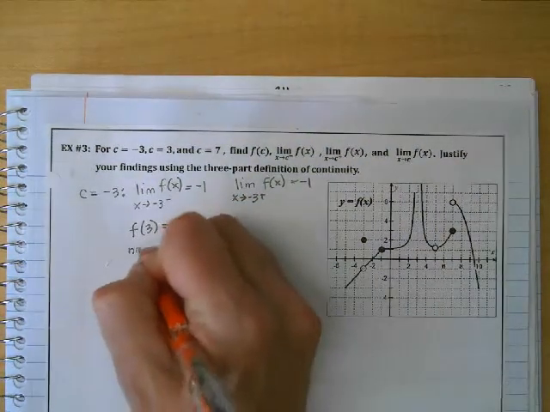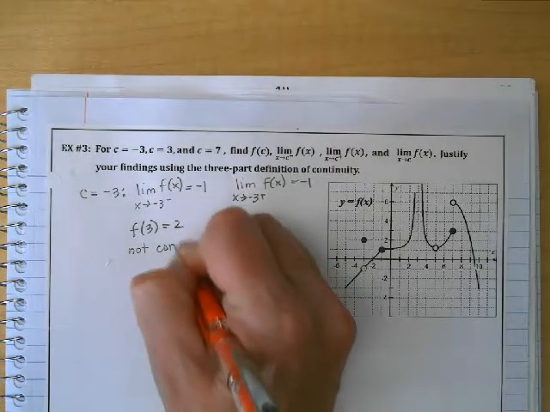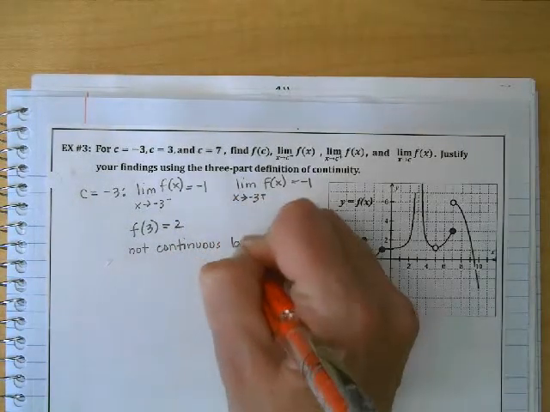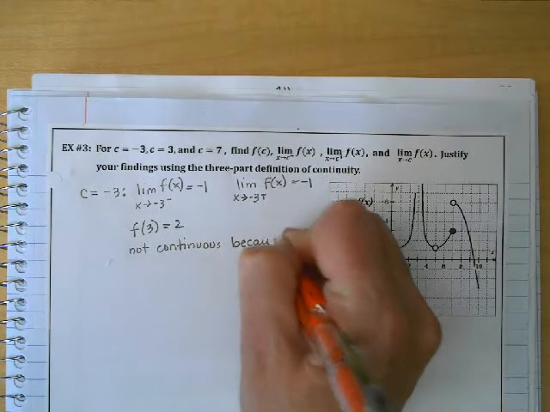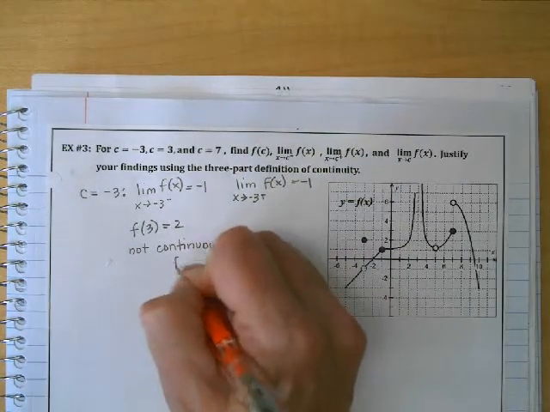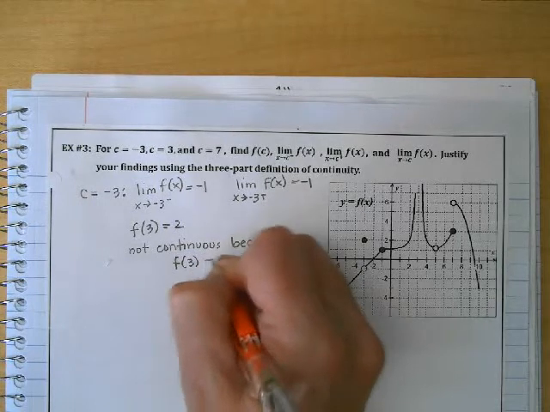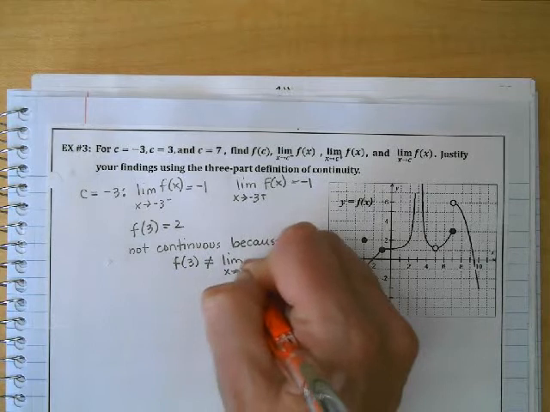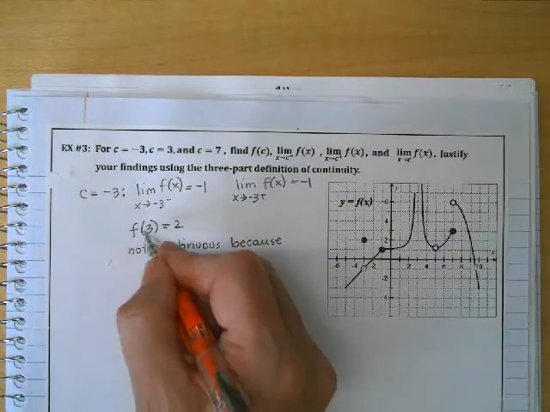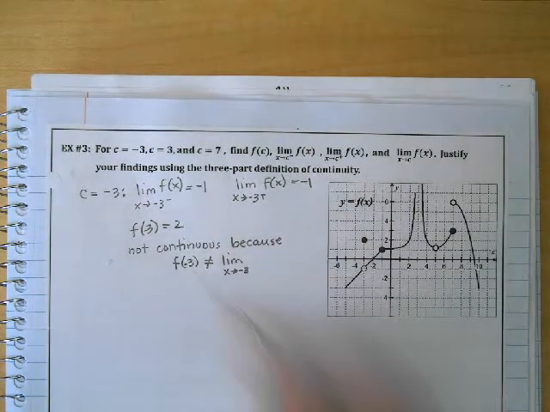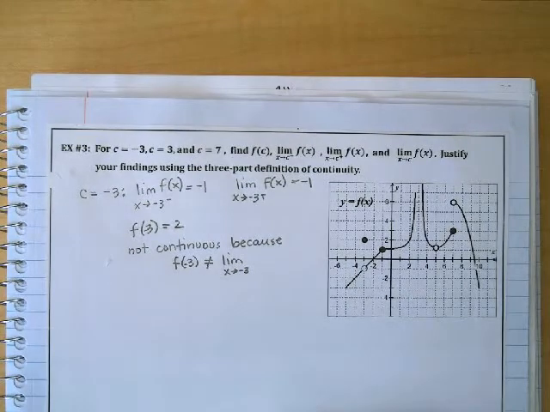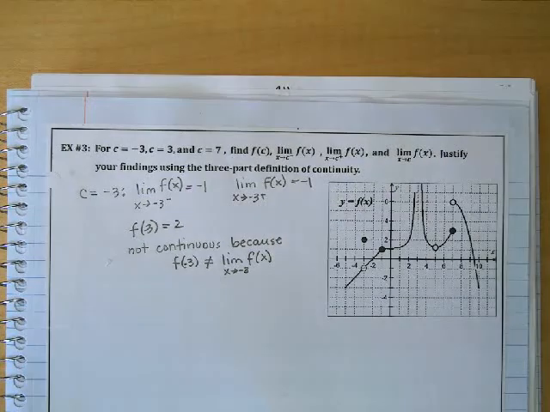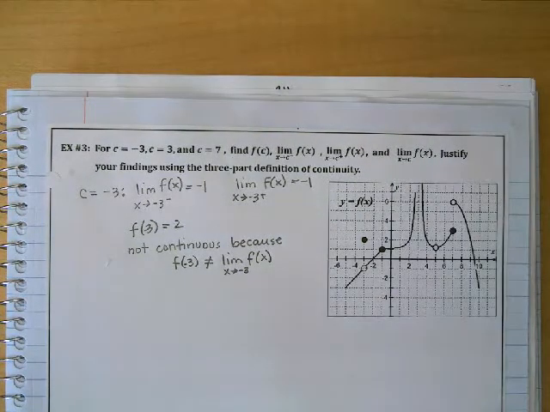Okay, so it's not continuous because f of -3 does not equal the limit as x approaches -3. Oops, I'm sorry, that should be negative.